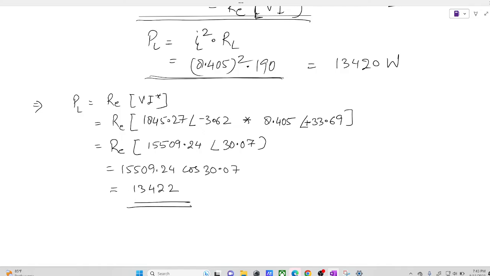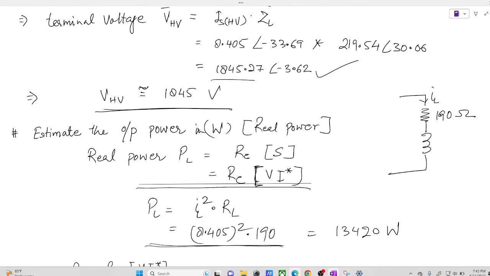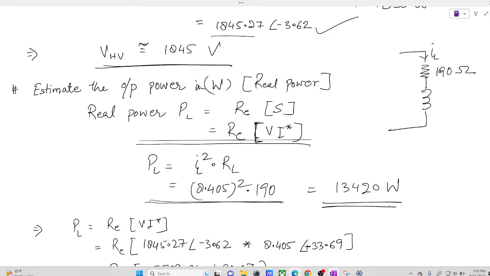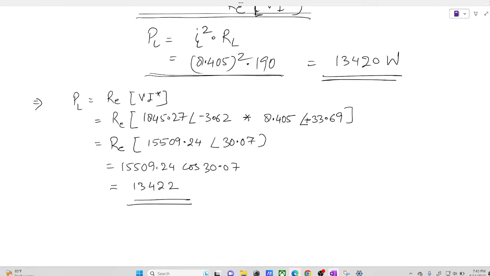So we are getting the answers both the same, approximately the same. This is just due to the decimal approximation and the rounding off. Okay, so both ways we are getting the same answer.